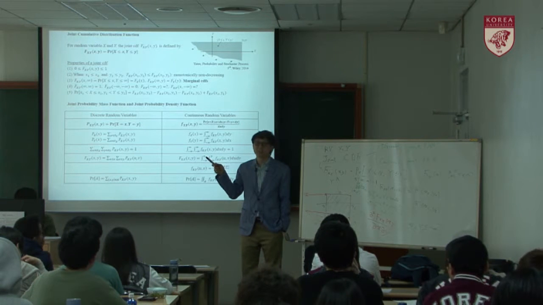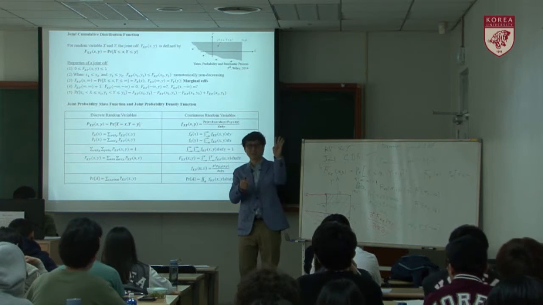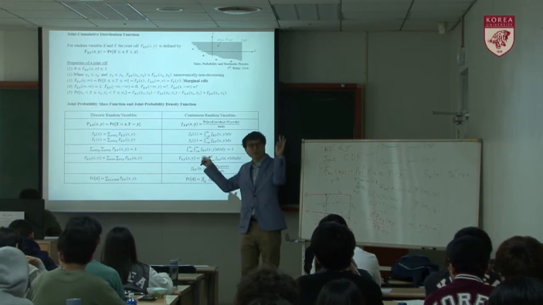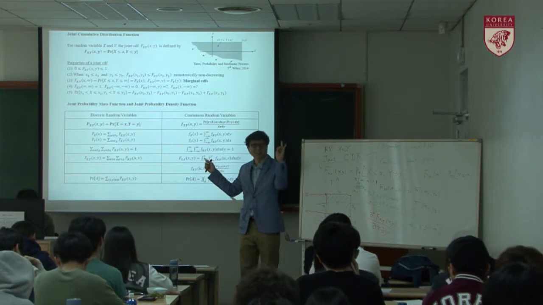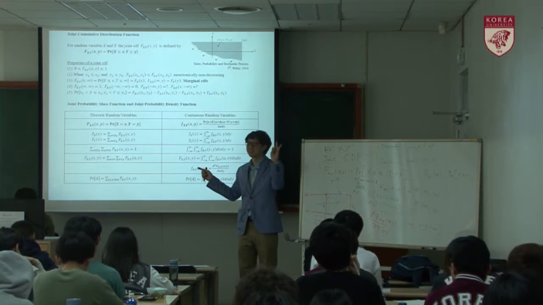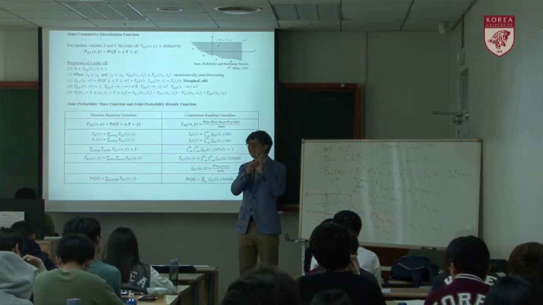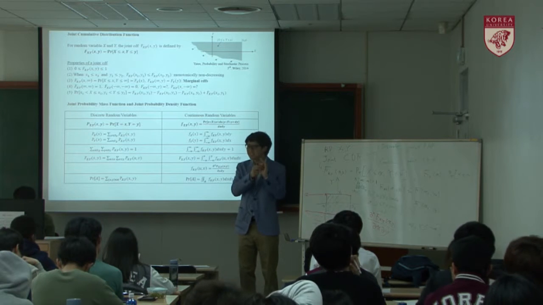1, 2, many. Okay, so we are handling two random variables. Because we already learned one random variable, we are now learning about two random variables. And next is not 3, next is many: 1, 2, and many random variables. That's called a random vector. Then what's next after many? Next is infinitely many.